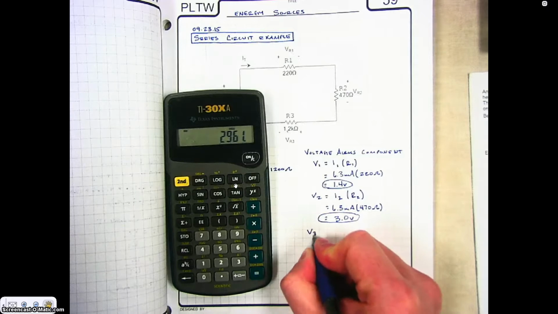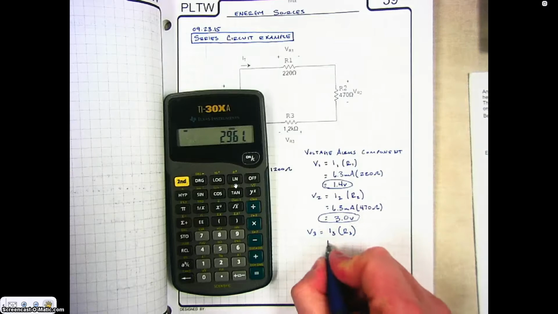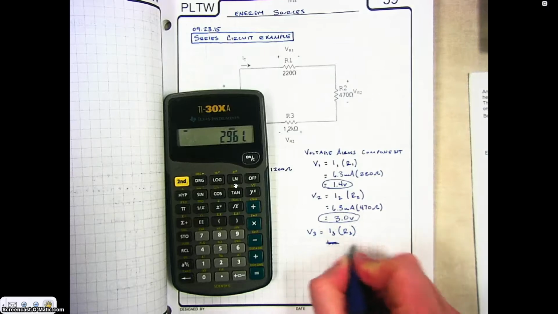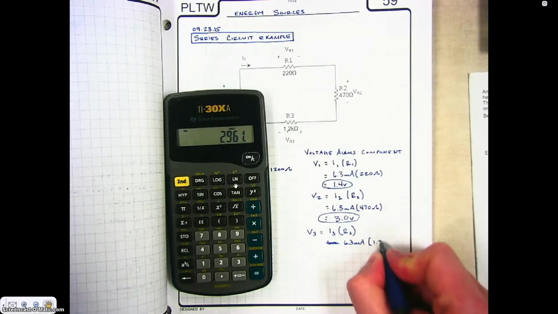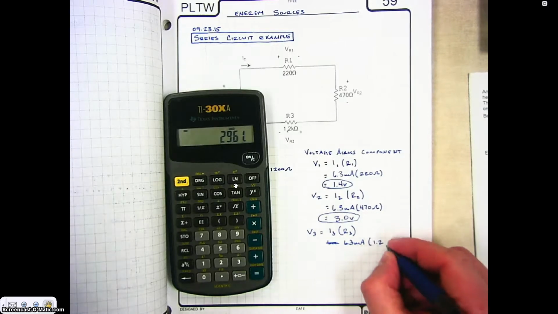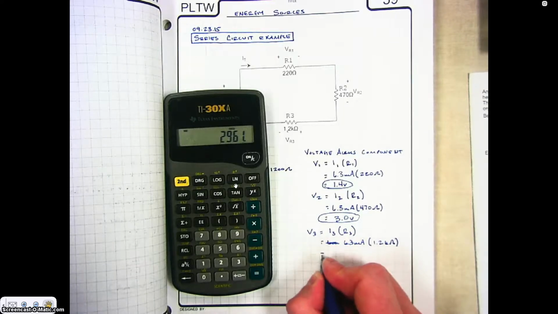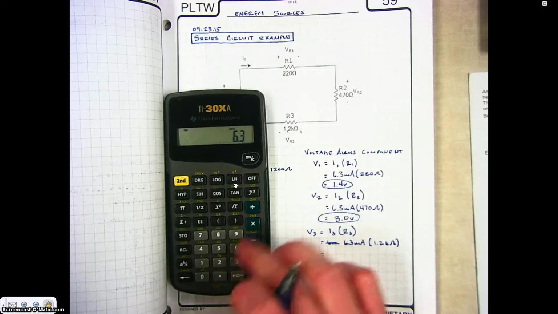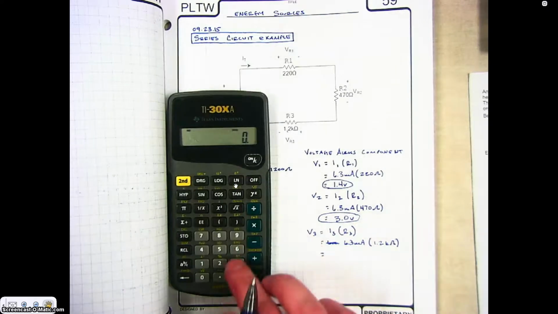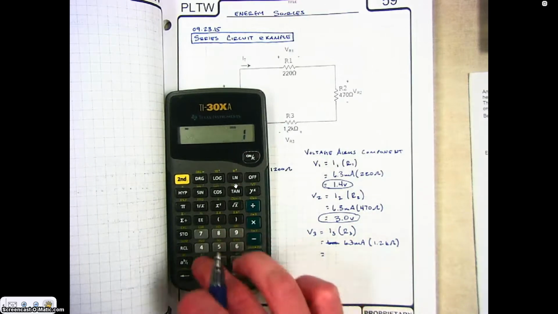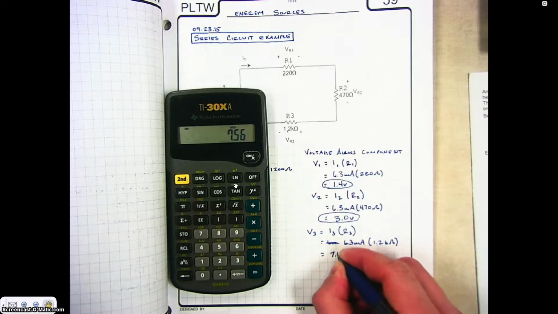The voltage at component 3, again, is equal to the current at 3 times the resistance at 3, 6.3 milliamps times the resistance of 1.2 k ohms. 6.3 times 1.2 we get about 7.6 volts, rounded.